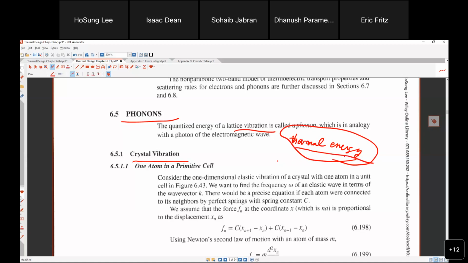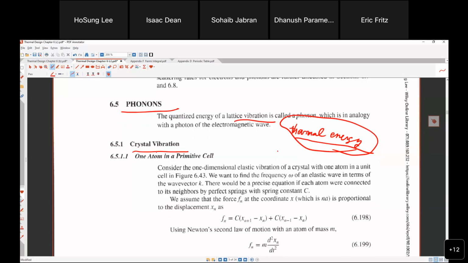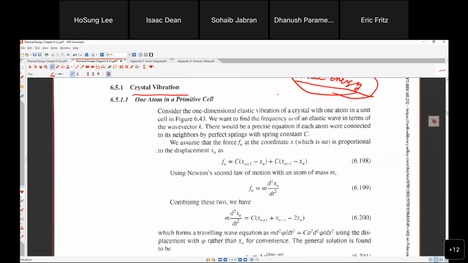This is so important. Okay, students, this is an advanced course of thermoelectrics, and we talk about thermal energy. So you have to clearly understand thermal energy.